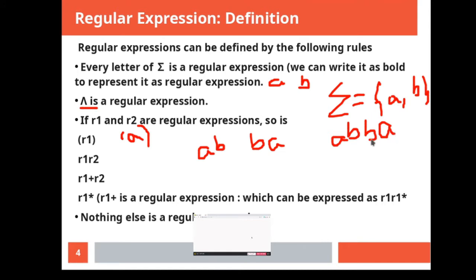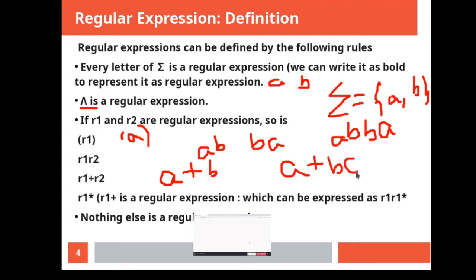So now you are getting this, that this is a recursive definition. We have started from the basic rules that every single input letter or a symbol in the alphabet is a regular expression, null is a regular expression, and then we have started to evolve from there, and we have started to create more regular expressions out of it. Then R1 plus R2 is also a regular expression, something of this sort. And maybe if I want to write that A is a regular expression and let's say B is a regular expression, so I could also write something of this sort.